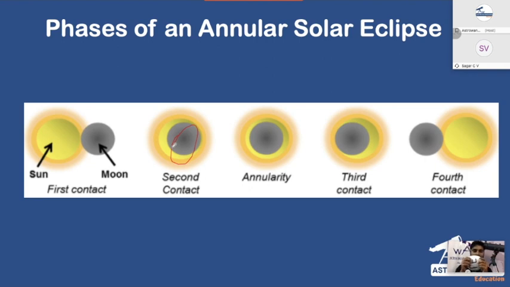Now slowly the moon gets entirely inside the sun, right? That's annularity, and in case of a total solar eclipse it will become totality, right? Now when the moon tries to come out from the sun, it touches its other limb, and this is known as the third contact, and when it gets out over here, this point is the fourth contact. Did you understand it?